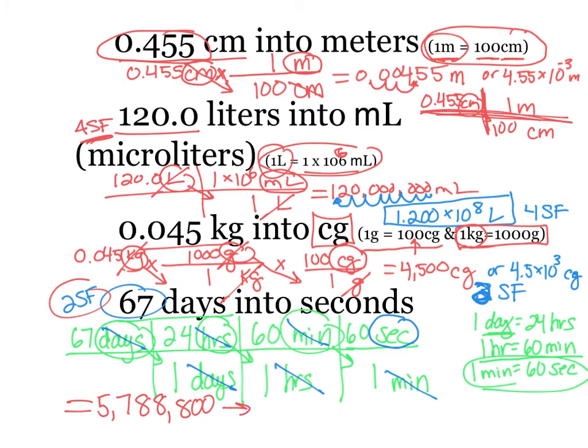If I pretend there's a decimal here, 1, 2, 3, 4, 5, 6. So it's going to be 5 point, and this 8 can round that up to an 8. So 5.8 times 10 to the, 1, 2, 3, 4, 5, 6, sixth power, and that gets me seconds.